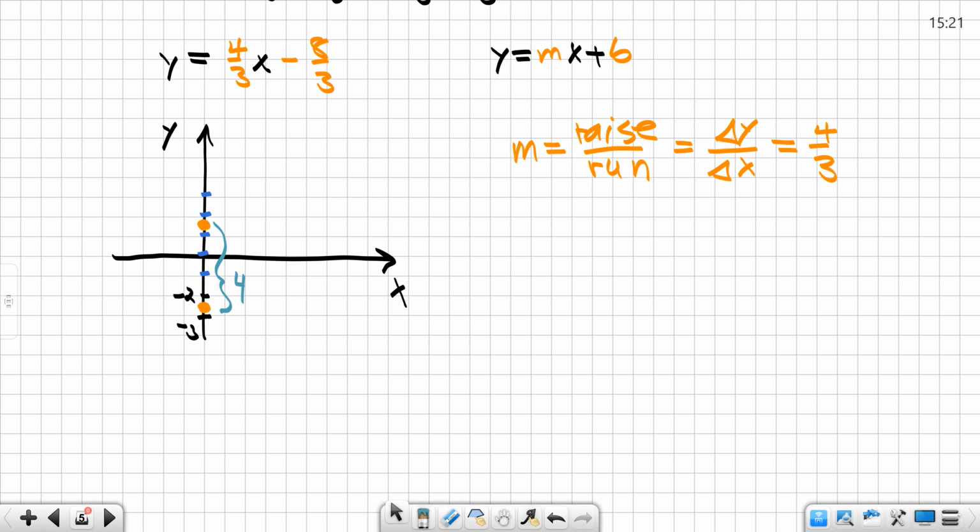And now I still have to move 3 to the right, positive. 1, 2, 3. So in other words, I have from here to there, this is 3. 4 over 3, I have my second point, and I have the line of y.